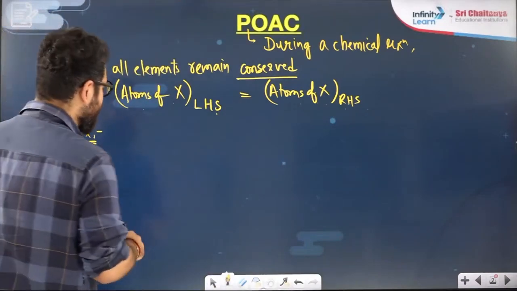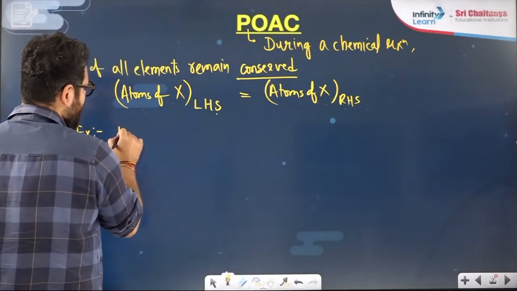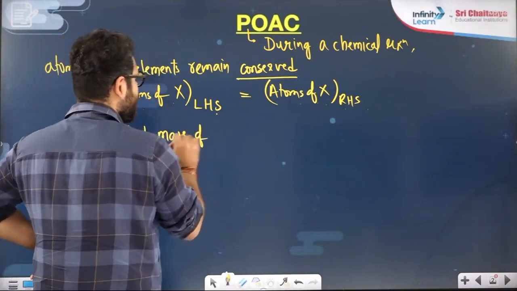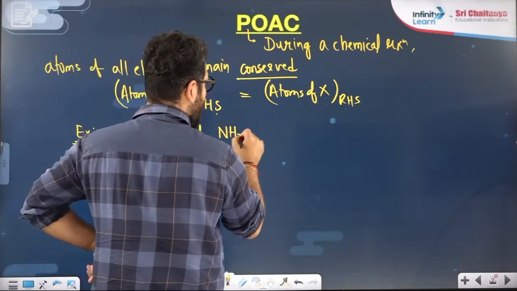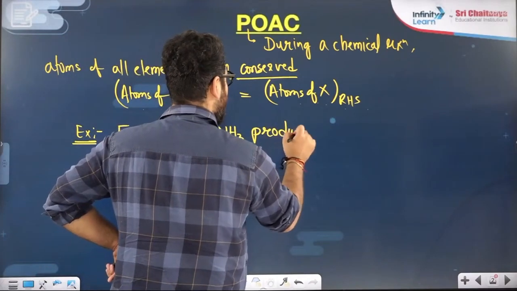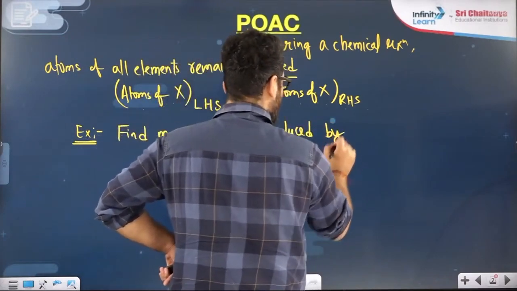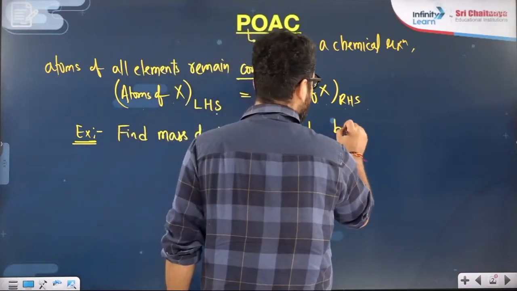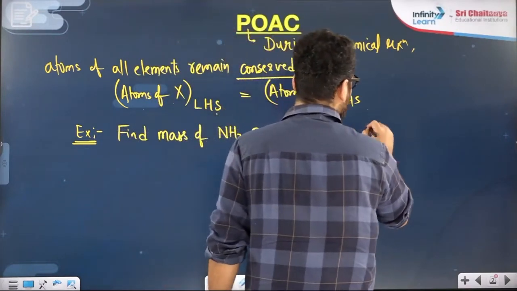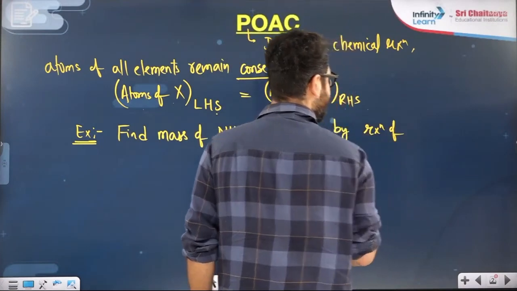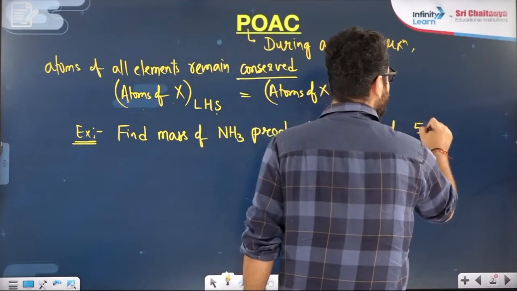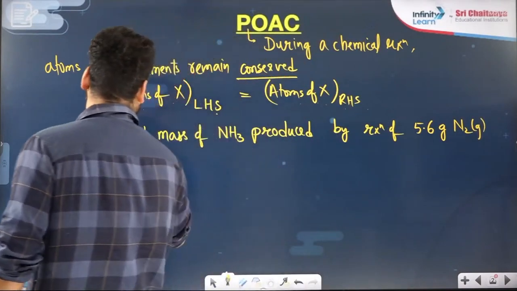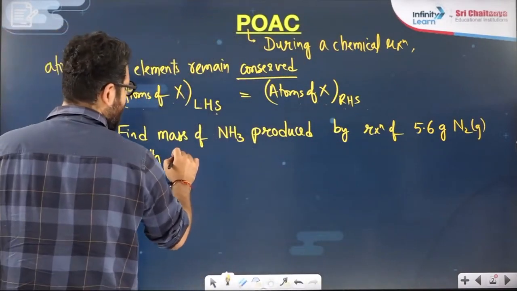If a simple question comes like, find the mass of ammonia produced by reaction of 5.6 gram nitrogen gas with hydrogen gas.